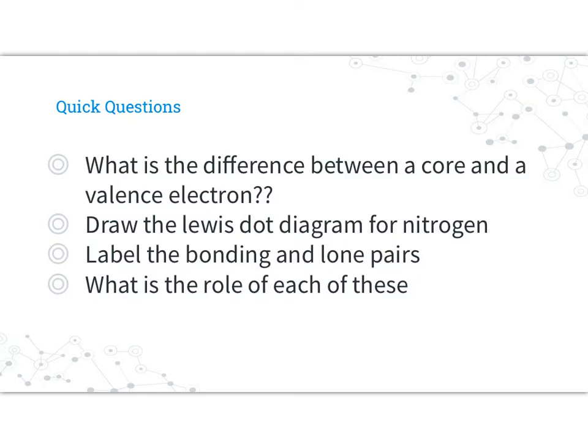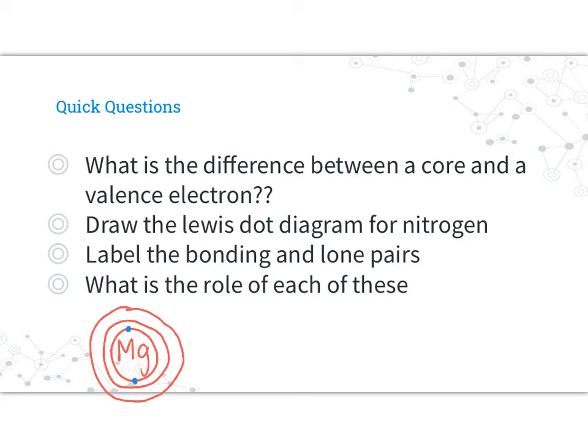So what is the difference between a core and a valence electron? What we'll do is we'll draw the full electron configuration for maybe magnesium here. Magnesium is in the third period or third row of our periodic table. Therefore, we are going to need 3 electron shells. The first shell is full of 2 electrons. You cannot draw them separate.